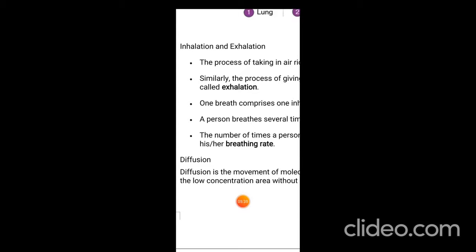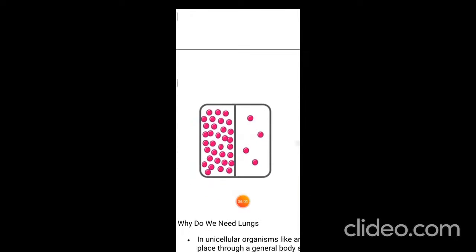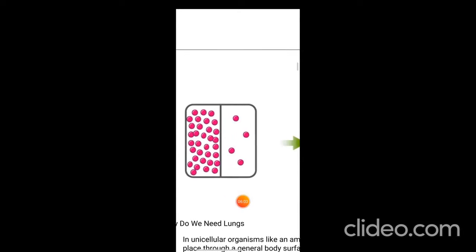The next question is how this exchange of gas takes place. That means how the gas, oxygen or carbon dioxide, which was taken in through inhalation and exhalation, is given to the blood. The process the body uses is diffusion. Diffusion depends upon the principle of gradient. For example, you can see a diagram here.